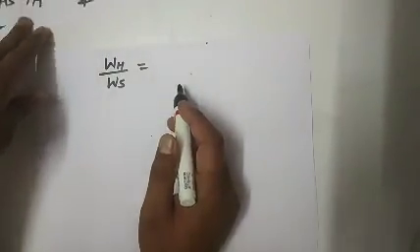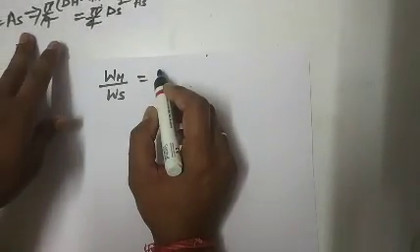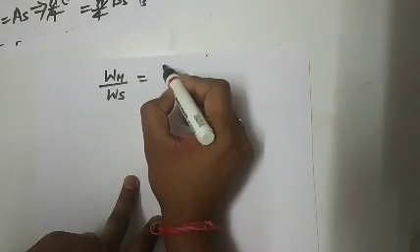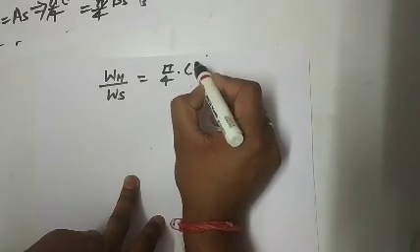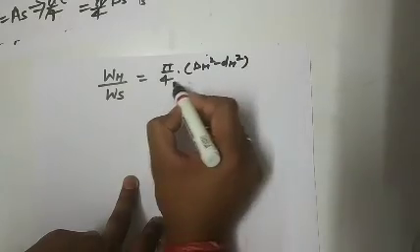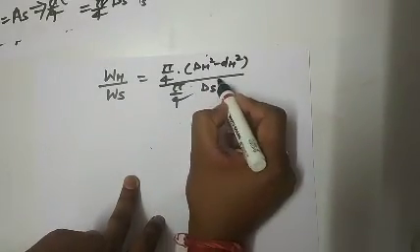So the area of hollow section will be equal to, let's write it, pi by 4 (Dh square minus Di square) upon pi by 4 Ds square.